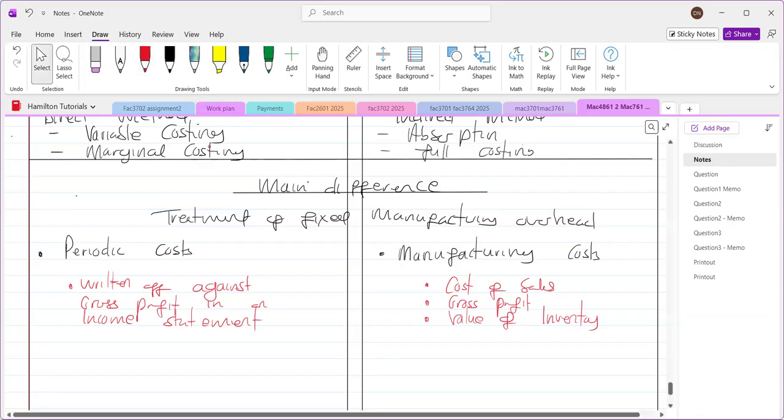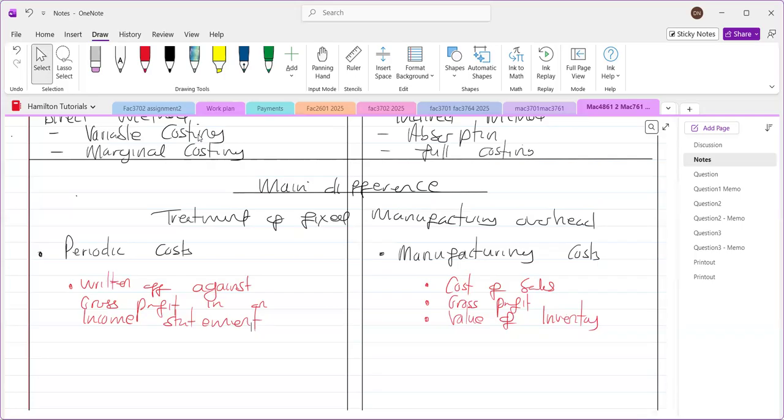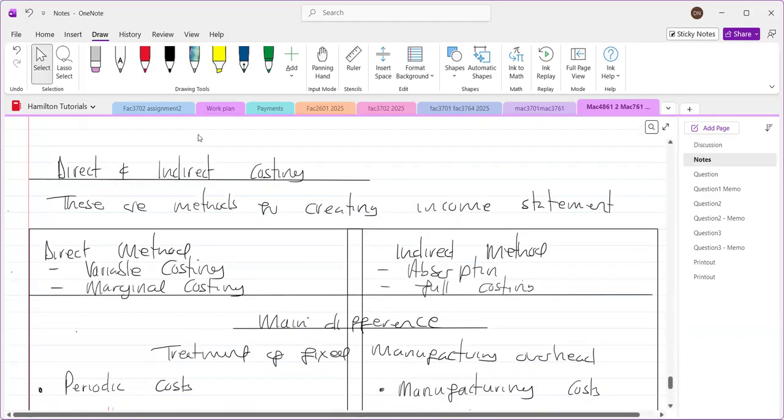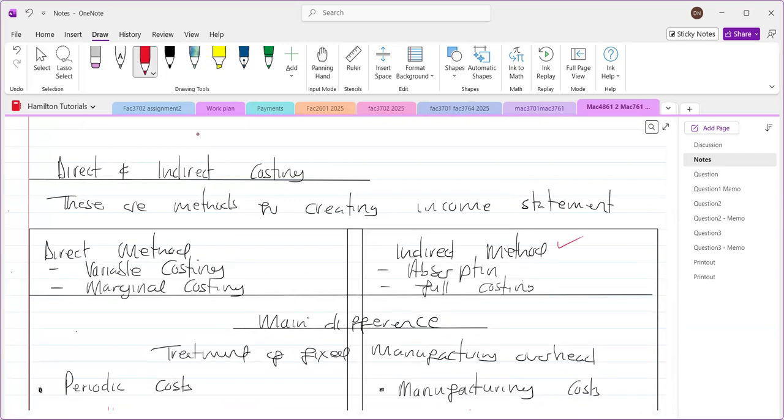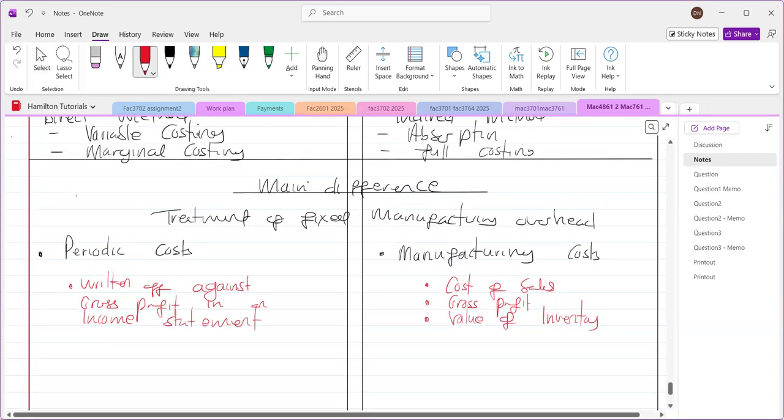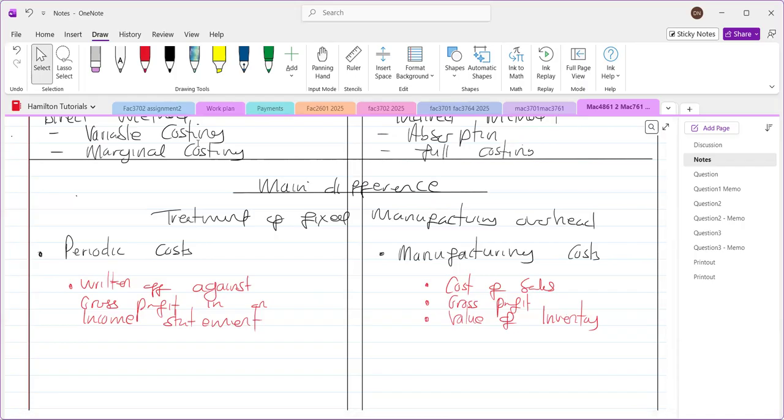But for the purpose of the calculation of a direct costing statement, we are going to treat the fixed manufacturing overhead as a periodic cost, which means we are going to write it off after gross profit and not include it in the calculation of gross profit. But when we go to the default, this here is the default. We treat the fixed manufacturing overhead cost exactly as what it should be, which is to treat it as a manufacturing cost, which means we include it right in the calculation of gross profit.